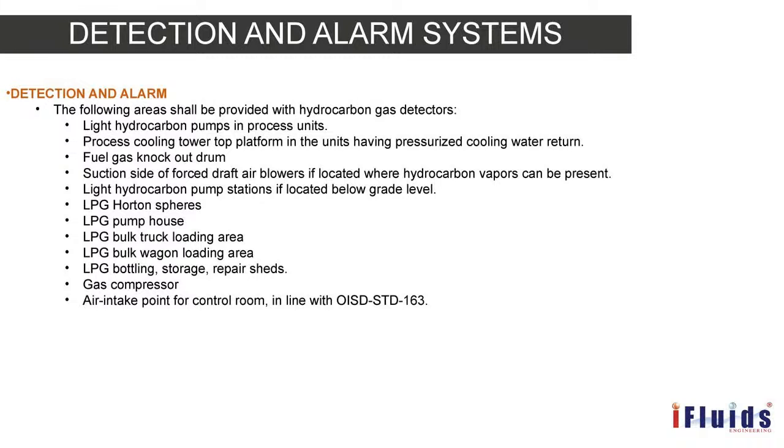Then the suction side of forced draft air blowers: wherever hydrocarbon vapors are present near the air blowers, you need to provide them. Near a light hydrocarbon pump station, you also need to provide hydrocarbon detectors, and also if the pump is located below grade level.